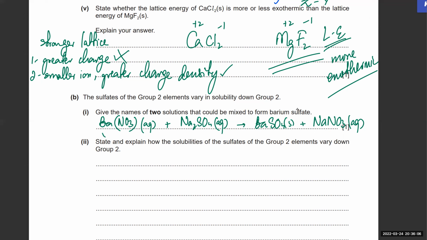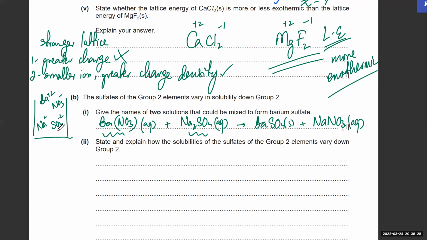Ionic precipitation happens when you mix two soluble substances. In your beaker, you'll have barium ions, nitrate ions, sodium ions, and sulfate ions. They all get mixed together and they don't have any reactions. Nitrates and sulfates don't react with each other.